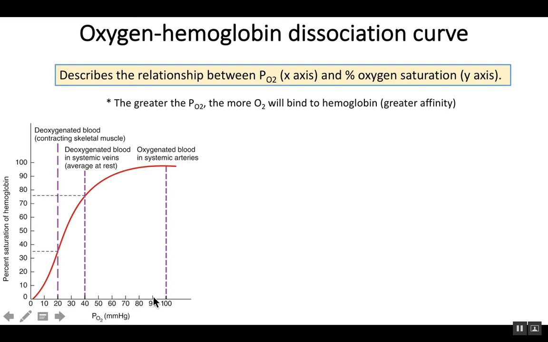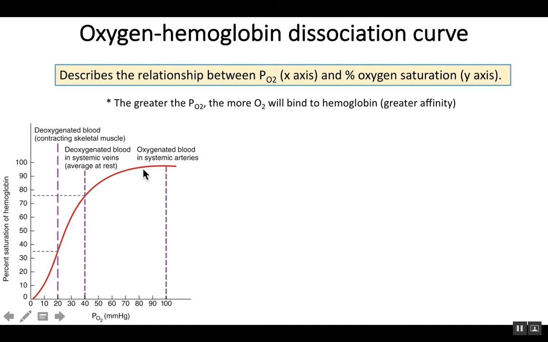That's the amount of oxygen. This is the percent saturation. So that basically means how much oxygen is on hemoglobin. Is it 100%? Is it 50%? But you'll notice the more oxygen you have, the higher the saturation of hemoglobin.